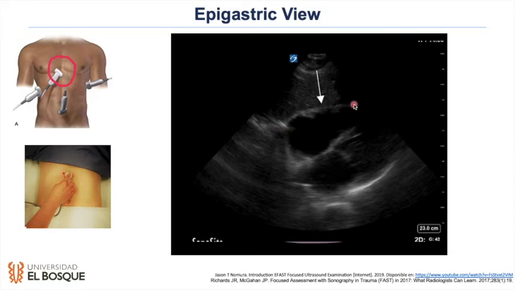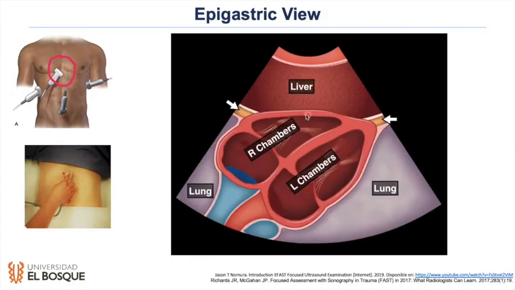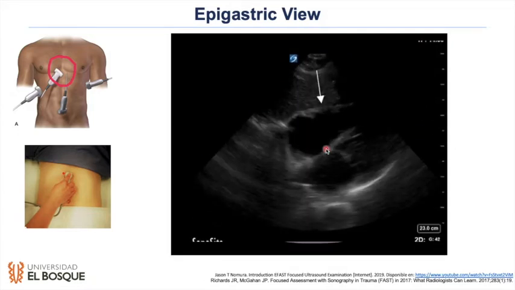And also remember that, for example, if you have a shock patient, you also have to analyze the contraction of the heart and the sizes of the chambers, for example, comparing the left one to the right one, looking, for example, for a hypertrophy of the heart.